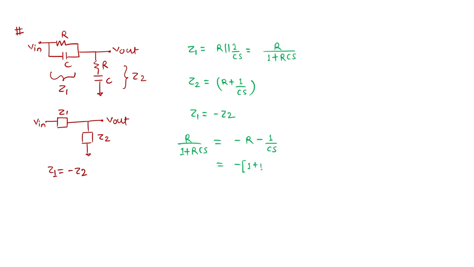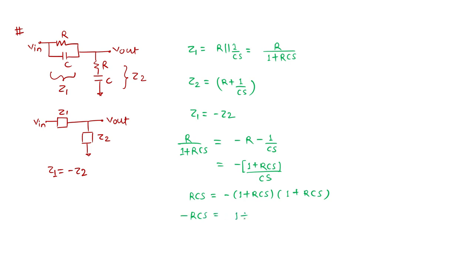It is 1 plus RCS, we can write it as CS. It's fine. Okay, so then what will happen here? I'll write it here RCS, and here we'll write as minus 1 plus RCS and 1 plus RCS. So what we can see from here, if we open it, let's take the minus this side.